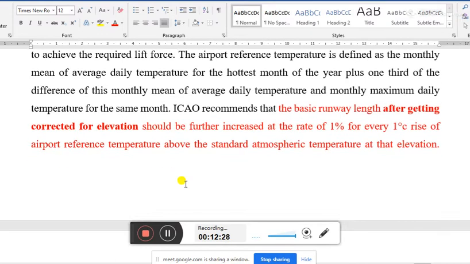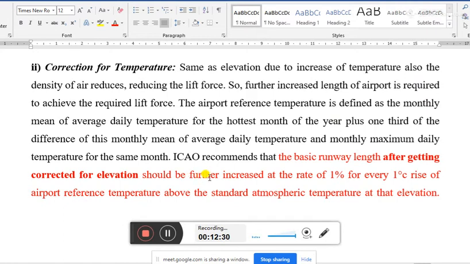Okay. Now, one more important thing is that this temperature correction must be performed after the correction for elevation. After the correction for elevation, that means on x, the elevation correction is imposed. That is, for example, 7% increment on 300-meter elevation, that is 1.07x.